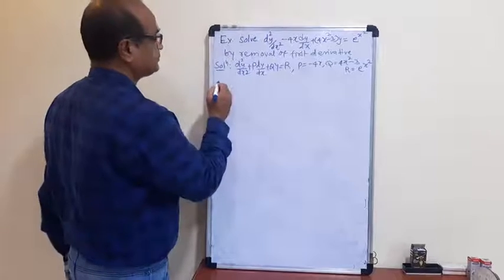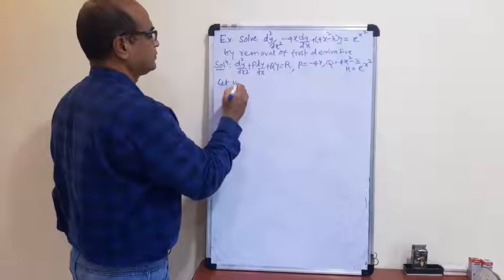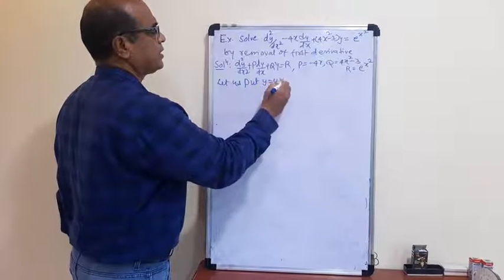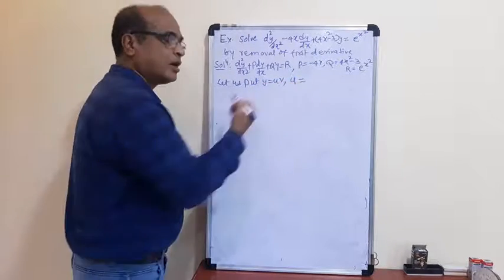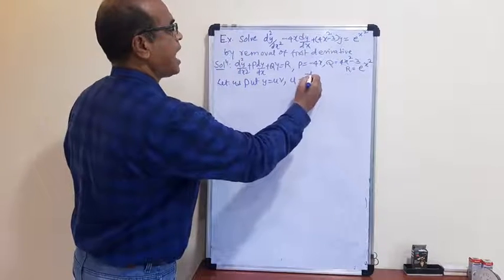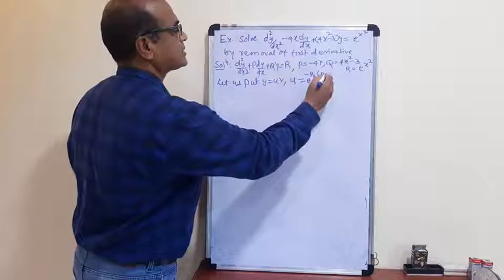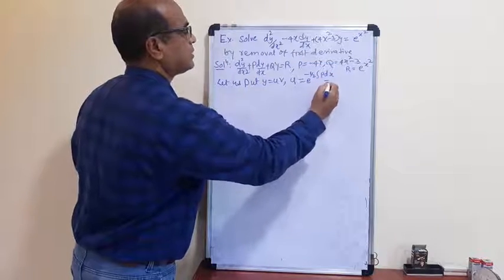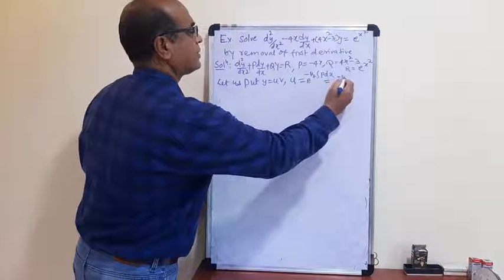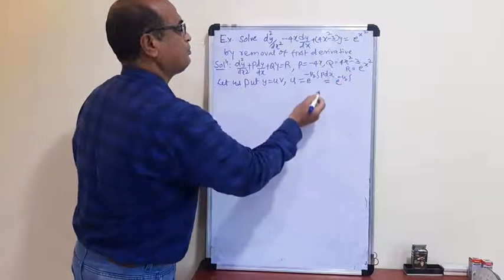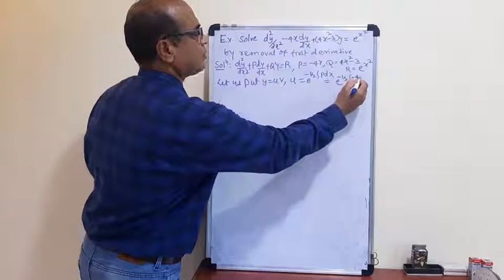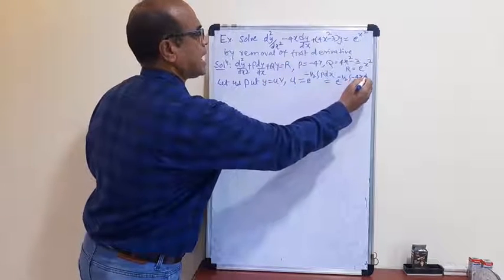Let us put y is equal to uv, where u is equal to, you know the formula, the famous formula, e raised to minus 1 half integration of p dx. So this is e raised to minus 1 half, and p is minus 4x, integration of p dx.